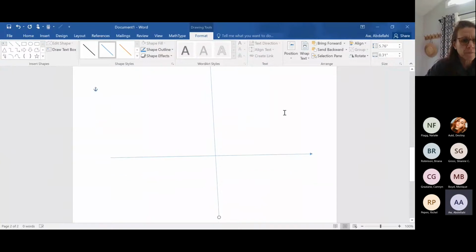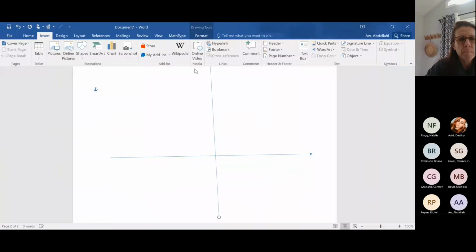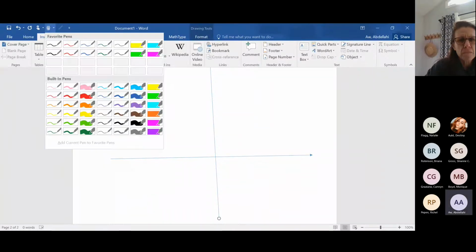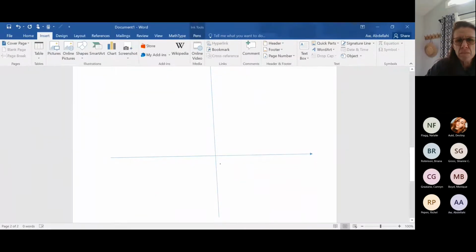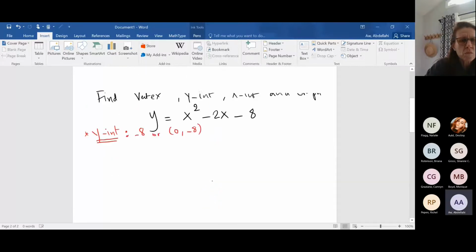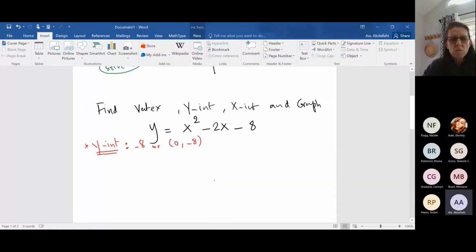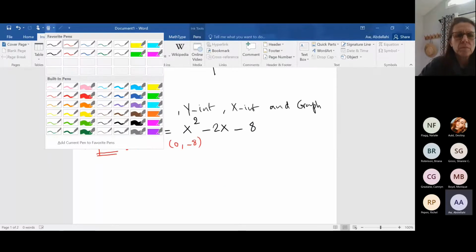So the y-intercept is -8. I'm going to put some units: 1, 2, 3, 4, 5, 6, 7, 8. That is the y-intercept. All right, after the y-intercept, now what do you want? You want to go to the vertex? Let's go to the vertex.